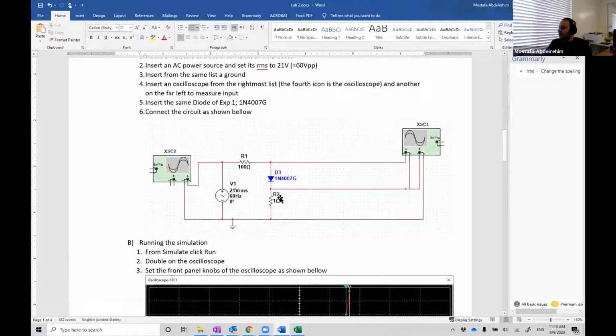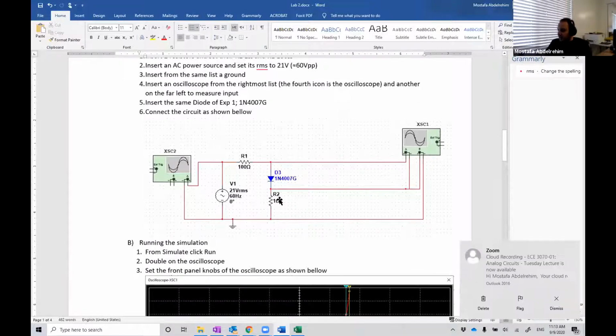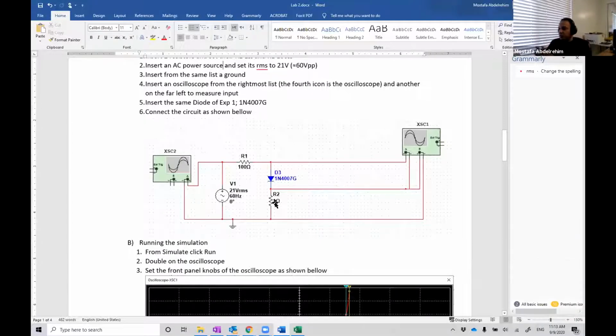This value here, which is 1 ohm, means that the voltage is equal to the current, because through the resistor Ohm's law is applied. So V equals IR, R is equal to 1, so V is equal to I. And we know that oscilloscopes cannot draw current.